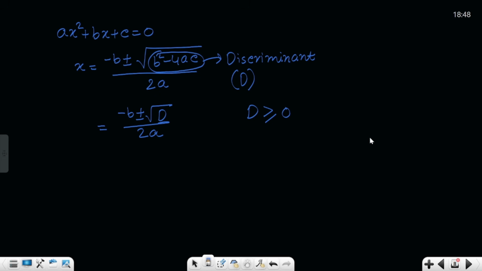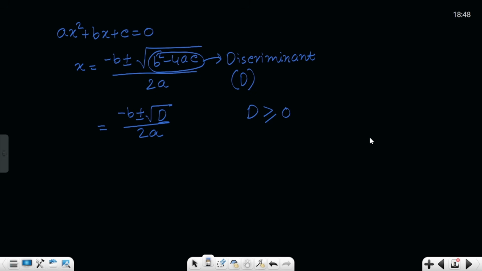So if b square minus 4ac is greater than or equal to 0, then the roots will be real because there is a positive number or 0 under the root.